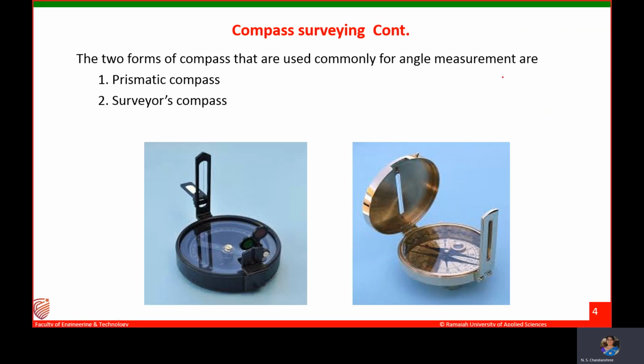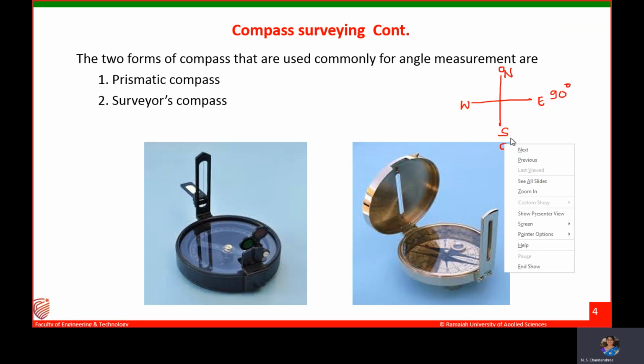Quadrantal bearing system means we have four quadrants, that is, four directions marked: north, south, east, and west. This is called the northeast quadrant, and this is southeast, southwest, and northwest. In each quadrant, the readings are marked from 0 to 90 degrees. 0 degree is marked on the north and south direction, and 90 degree is marked on the east and west direction.